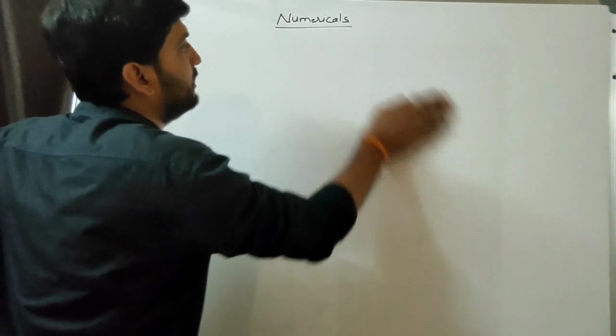See, the fourth question is: a copper wire has diameter 0.5 mm and resistivity of 1.6 into 10 to the power minus 8 ohm meter.